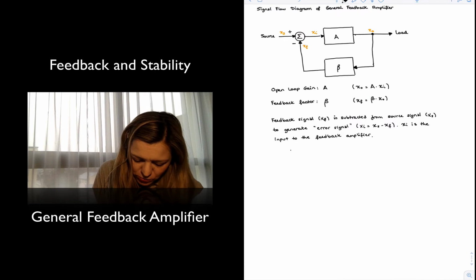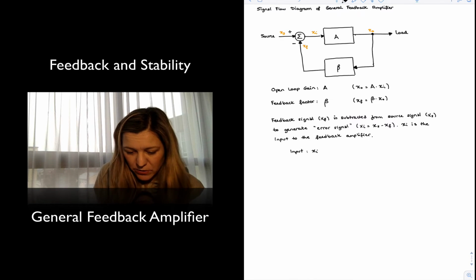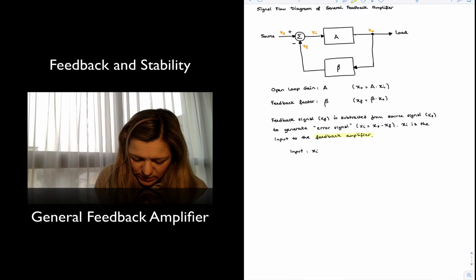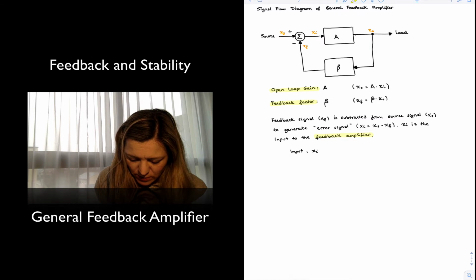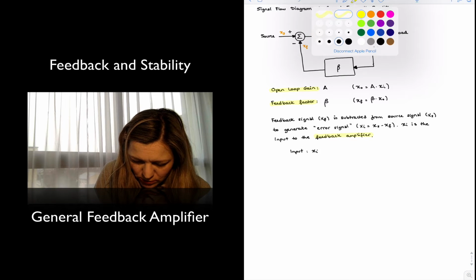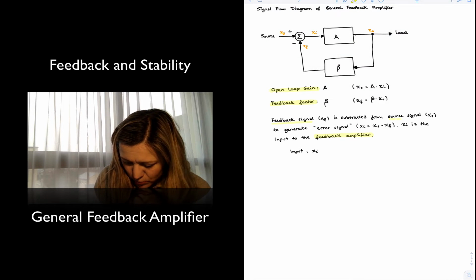So we have the input to the amplifier, Xi, to the feedback amplifier. Let me highlight some of those terms. So we had the open loop gain, the feedback factor, and then we had the feedback signal. I'm going to do those a little different. The source signal and the error signal.